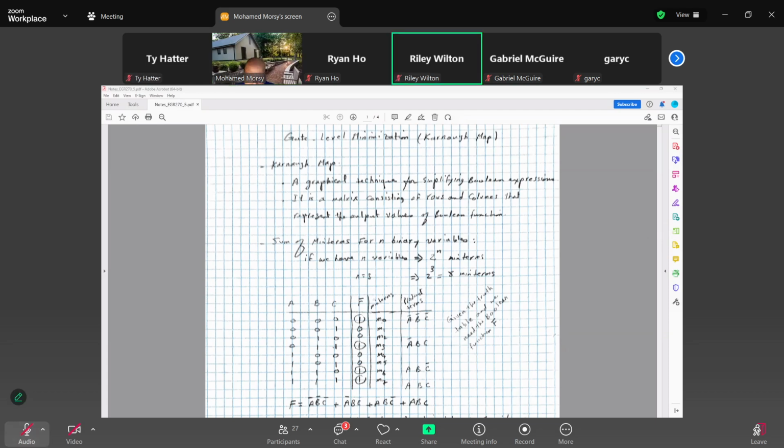Graphical. Yeah, exactly. It's a graphical technique used to simplify Boolean expressions.